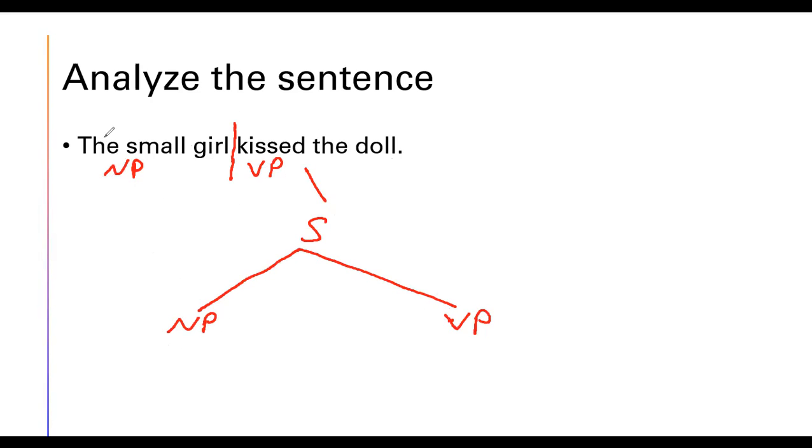Now I can see this NP does have, over here, a determiner, an adjective, and a noun.